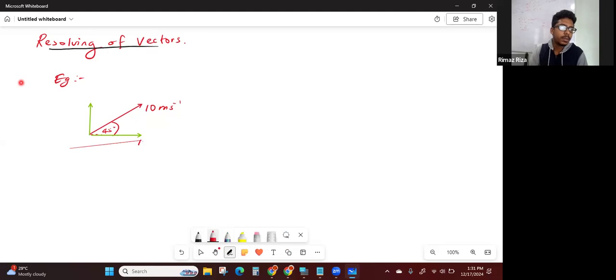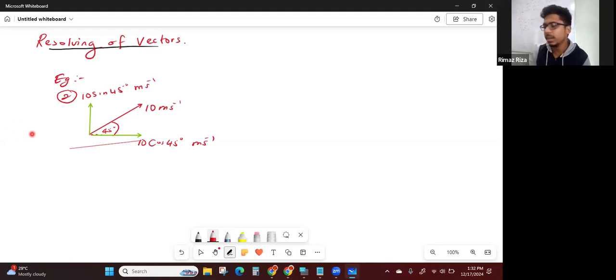Okay, so therefore the components I can write: 10 cos 45 towards the angle, the units in meters per second, and here 10 sin 45 in the units of meters per second. Okay, so you can write this as a second example, and then I'll give you some questions you have to do. You have to resolve it.